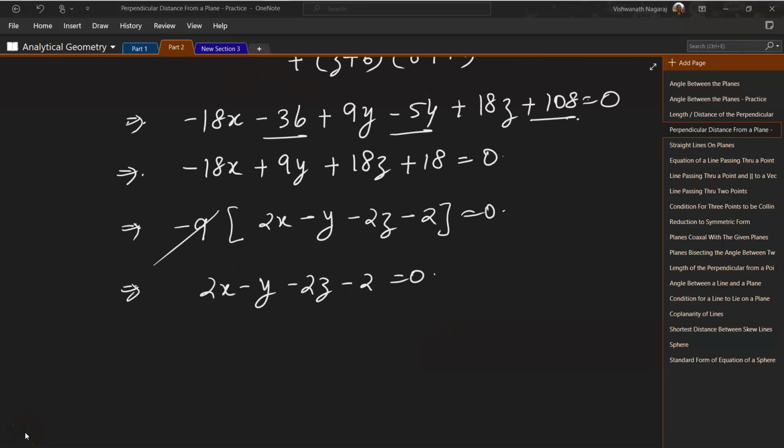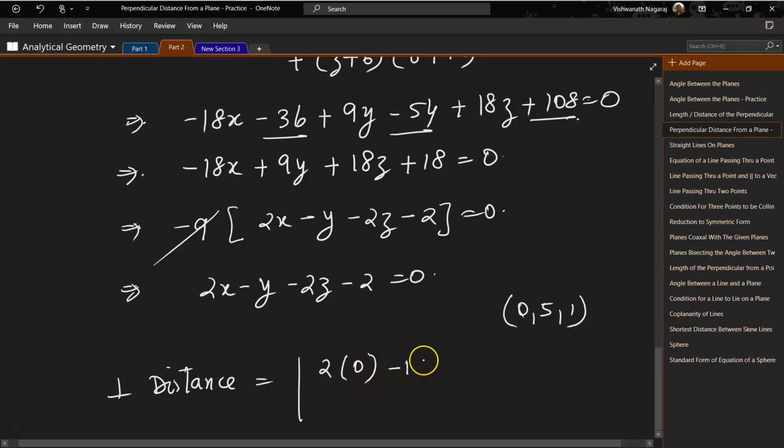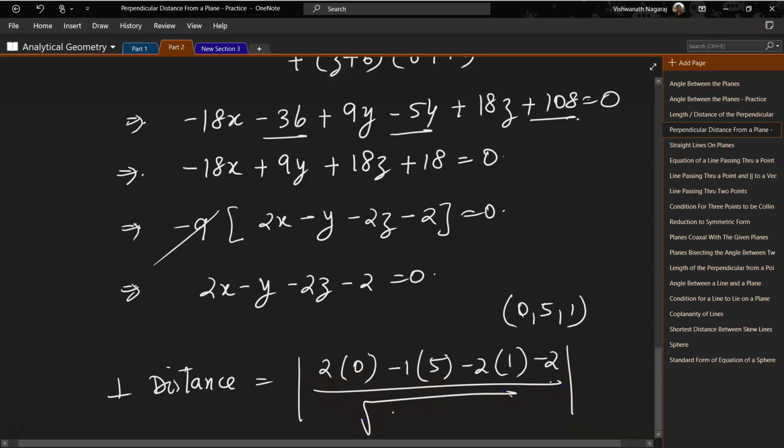Now that we have got the equation of the plane, we have to find the perpendicular distance from (0, 5, 1) to this plane. And we know perpendicular distance is 2 times 0 minus 1 times 5 minus 2 times 1 minus 2 divided by square root of 2 square 4, 1 square 1, 2 square is 4.